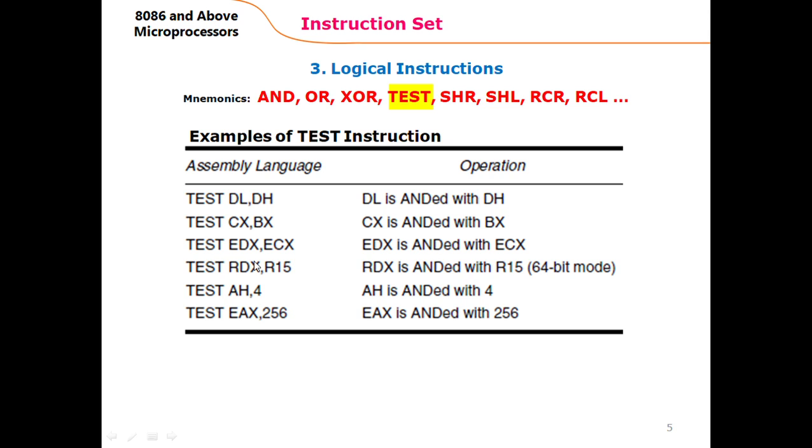And here 32-bit mode is used, where 32-bit registers are ANDed. And remember that these registers are not available in the 8086 microprocessor, so this instruction cannot be executed on the 8086 microprocessor, but it is compatible with the 80286 microprocessor and later microprocessors.